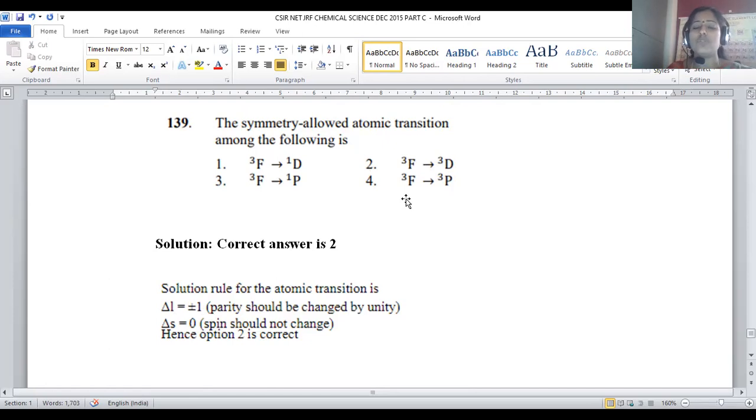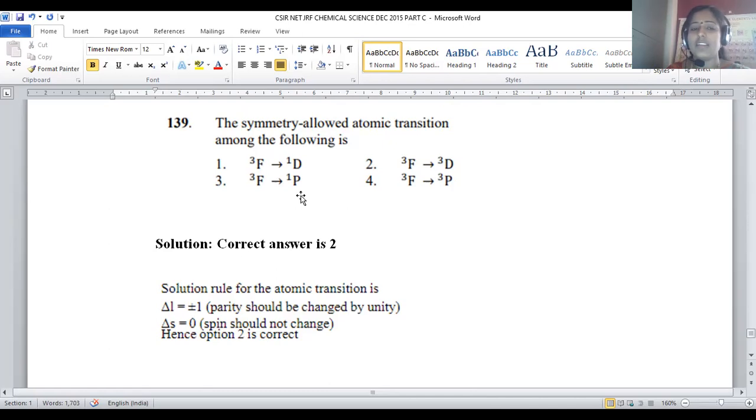Let us consider the remaining two options also. 3F to 1P. When 3F to 1P was taken, 3 to 1, so here spin multiplicity is 3, spin multiplicity is 1. But 3 to 1 is not allowed because spin retention is required. Then F to P also is not allowed because F means L is equal to 3, P means L is equal to 1. 3 to 1 means how much difference?